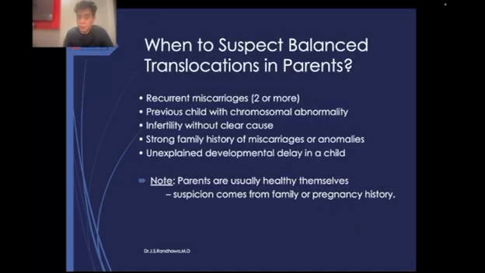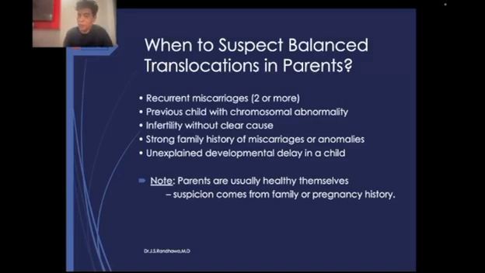So when do you suspect balanced translocation in parents? When there are recurrent miscarriages, 2 or more. A previous child which has a chromosomal abnormality. There is infertility and you cannot make out the cause.